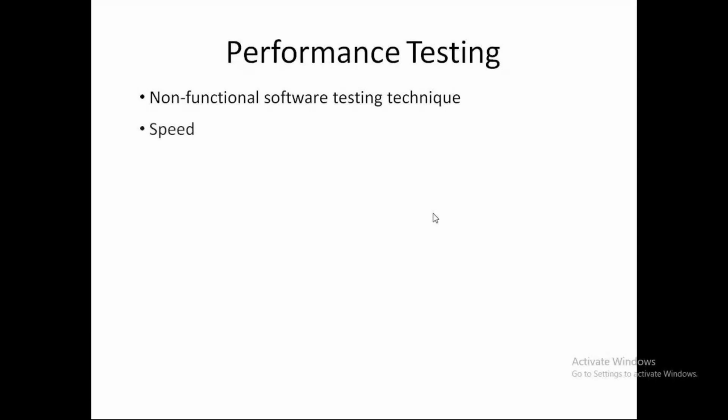Now what do we do? What is our objective? What do we measure? In performance testing, we are trying to measure the speed of the application. Now, the speed of the application means we are not asking the application to do a running race.